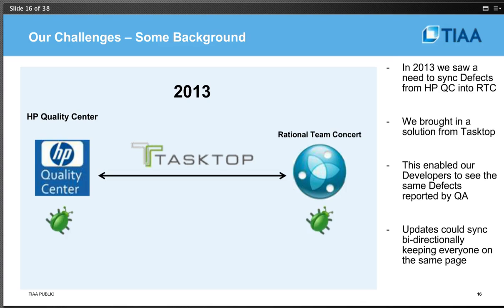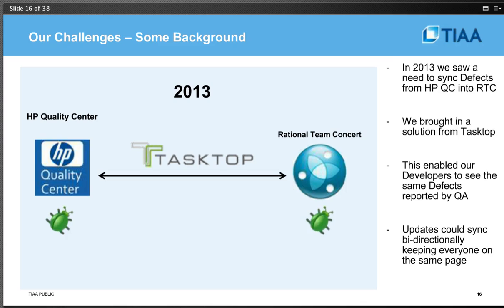So we looked at all of our available solutions back in the day, and Tasktop Sync came out as one of the best solutions that we could find at the time. So we brought in Tasktop, and they've got a product that they're calling Sync, at least at that point. And that really enabled those developers to see those same defects.